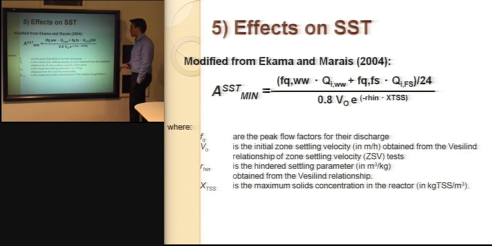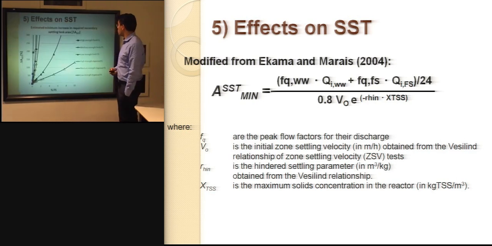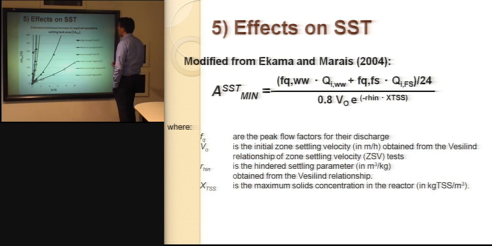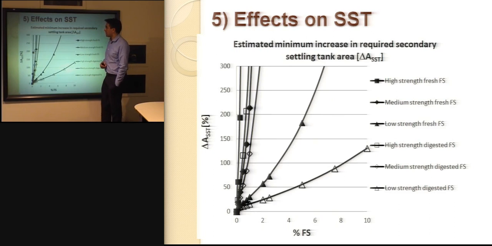Even for values where the settleability of the sludge used to be very good before the discharge of fecal sludge, we can see that the increase in the required area of the secondary settling tank can be dramatically higher.